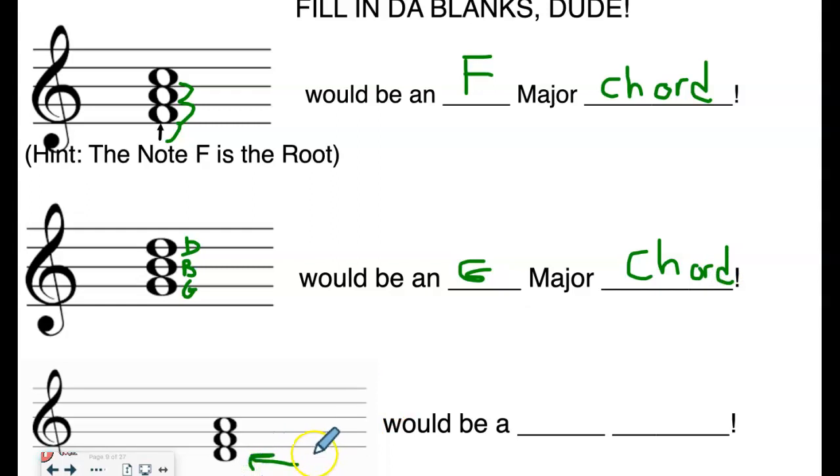If you have a D at the bottom, an F in the middle, sorry, I don't know where my brain is today, and an A at the top, we would actually call this a D minor chord, but for today, we're going to call it a D chord. Correct?